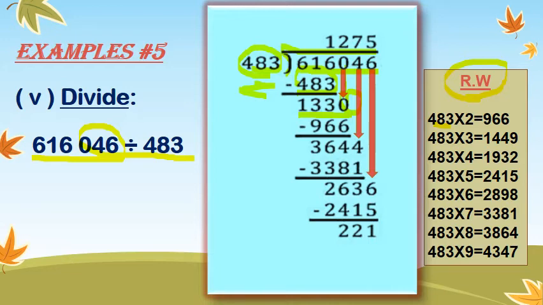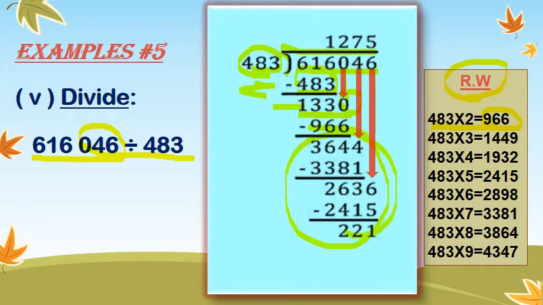No, we don't have 1330 in 483 times table, but we have 483 2 times 966, which is smaller than 1330. Now subtract it and then follow the same method in next two steps.